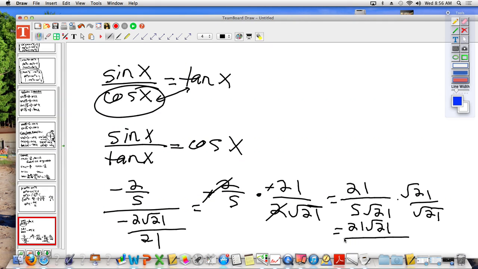Very good. We're going to have 5 times 21 is 105. Now, I think 21 out of 105 reduces. 21 over 105 reduces to 1 over 5. So we're going to end up with the square root of 21 over 5.